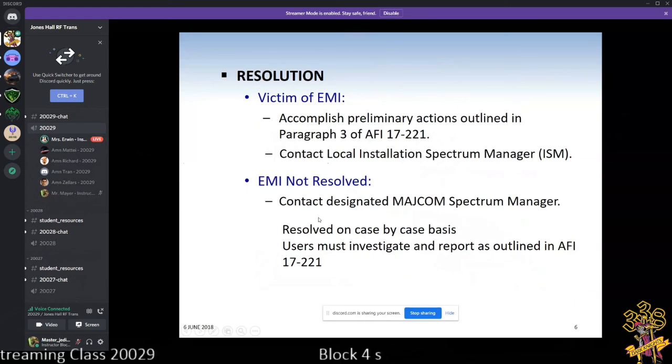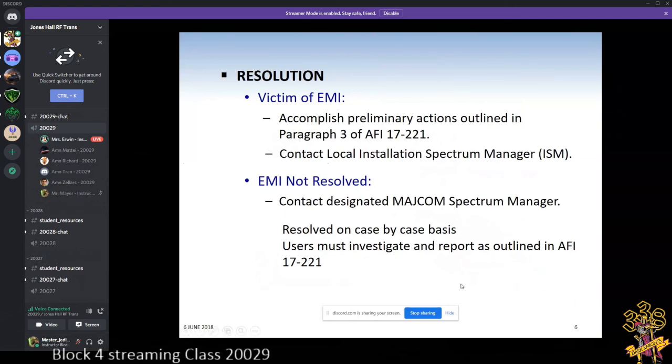But if you can't readily solve the problem, then your installation spectrum manager is going to upgrade it to the MAJCOM spectrum manager. Again, if you're under the command of a combatant unit, you're going to go to MAJCOM directly, right at the beginning.